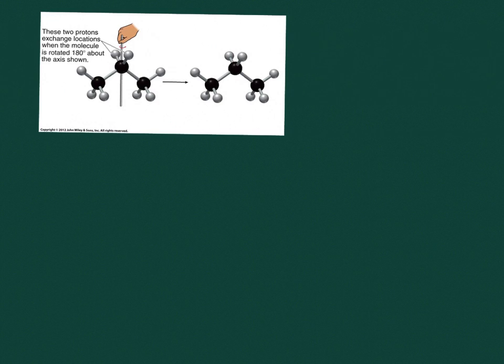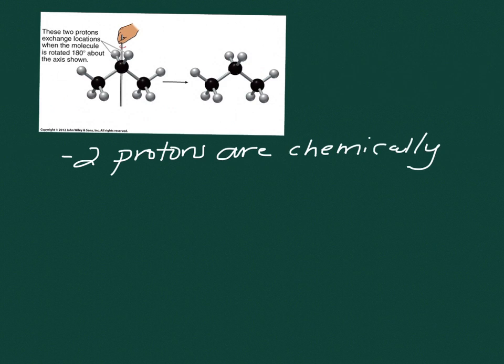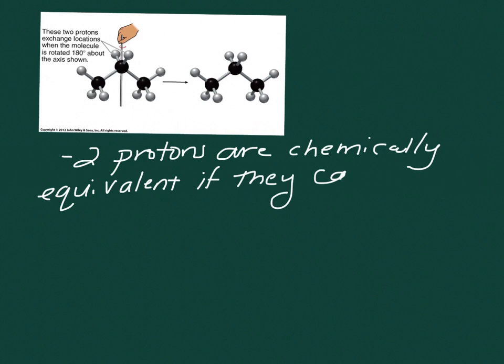Your book does a very good job in this section, so I'm going to follow along with the book and just highlight what you need to know. 2 protons are chemically equivalent if they can be exchanged by a symmetry operation.